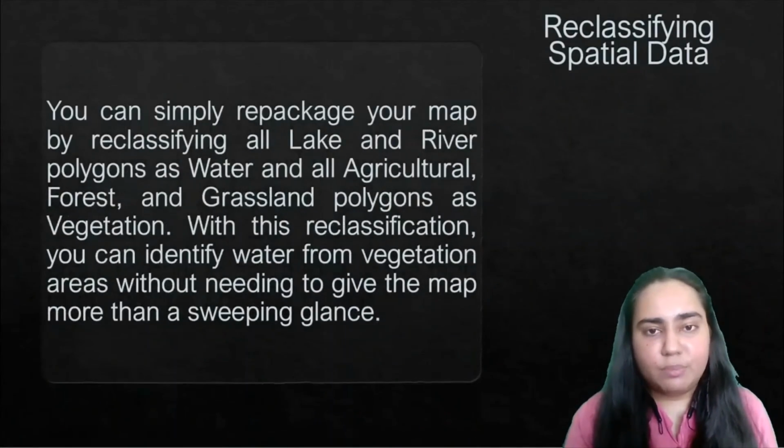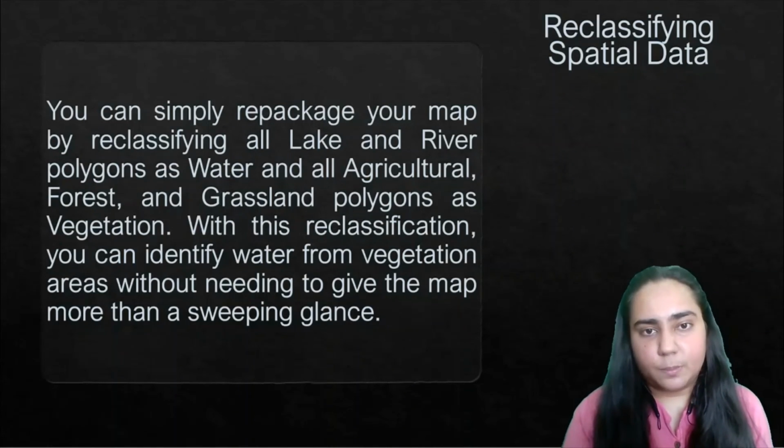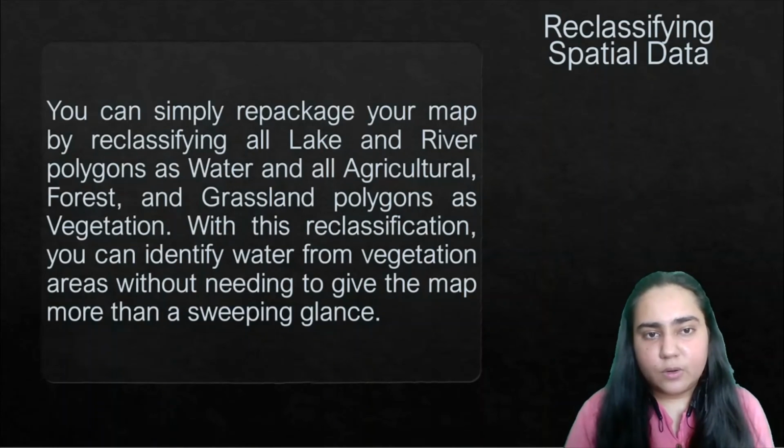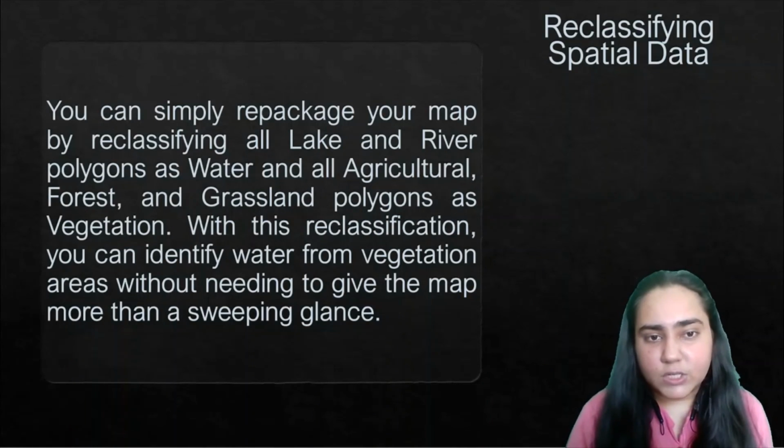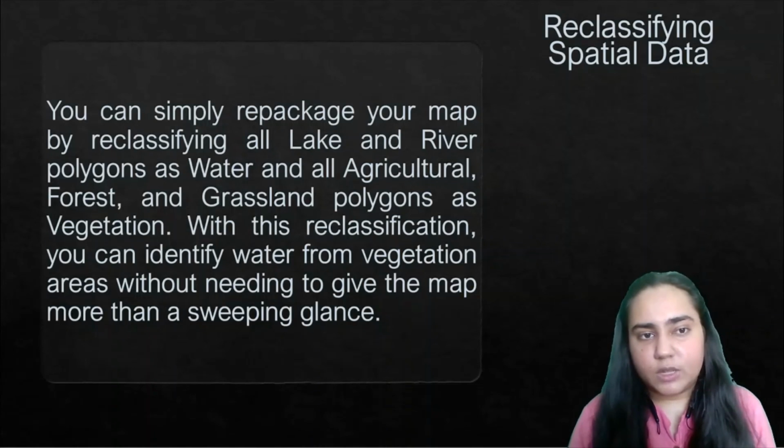So you can simply repackage your map by reclassifying all lake and river polygons as water and all agricultural, forest and grassland polygons as vegetation. Okay, so initially your map had 5 classifications. It had lake, rivers, agricultural, forest, and grassland. But now you just want them to be classified as vegetation and water.